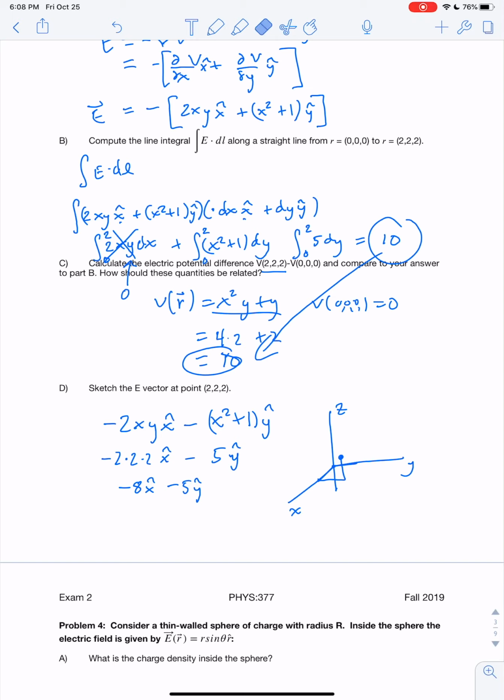Let me draw this a little better. So let's say that's minus 8 and then minus 5. And if I put those two vectors together, head to tail, then there is our electric field vector pointing in that direction. Okay.